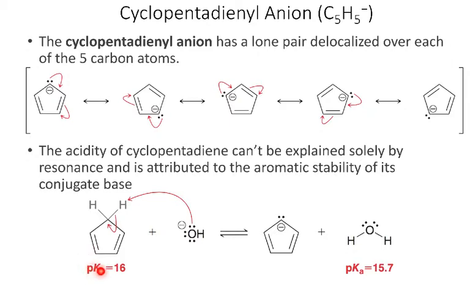Now, a pKa of 16 may not seem that strong, but a regular alkene or an alkane has a pKa of 44 to 50, right? This having a pKa of 16 is really low for a hydrocarbon. And that is due to the extra special stability of this anion that is aromatic.